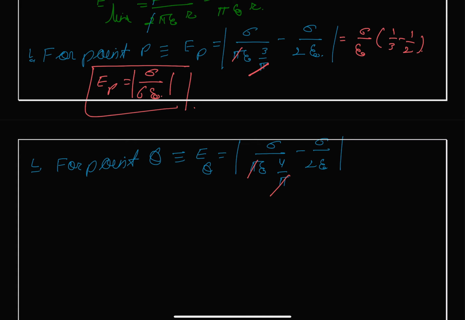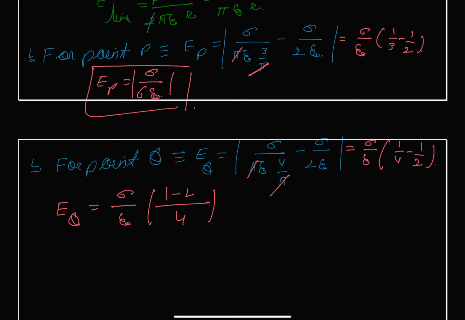We can take sigma upon epsilon naught common, and in it comes as 1 by 4 minus 1 by 2, and 4 will be LCM, so we can write E of Q will be equal to sigma upon epsilon naught, 4 is our LCM, and this comes as 1 minus 2.